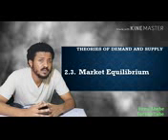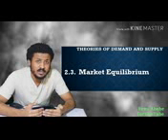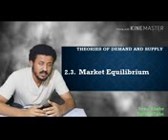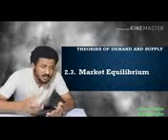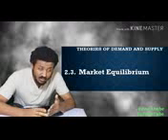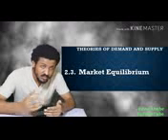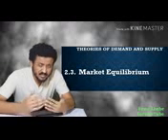From the theory of demand, we defined what demand is, and we said that demand is a willingness plus ability to buy. What about supply? Supply is also a willingness and ability to supply or to provide materials for sale.